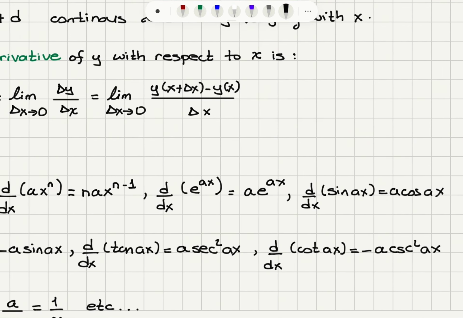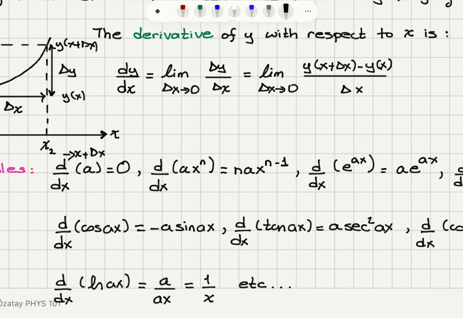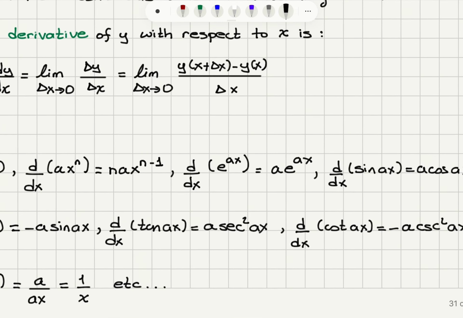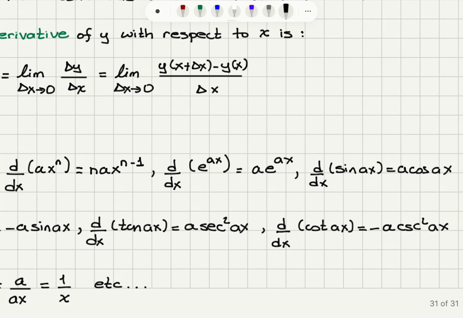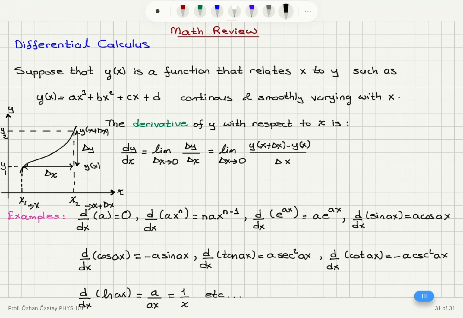Derivative of sine of ax is a cosine ax. Derivative of cosine ax with respect to x is minus a sine ax. Derivative of tangent ax is a secant squared ax. Derivative of cotangent ax is minus a cosecant squared ax. And derivative of natural logarithm of ax is 1 over x, because you get a over ax, etc.